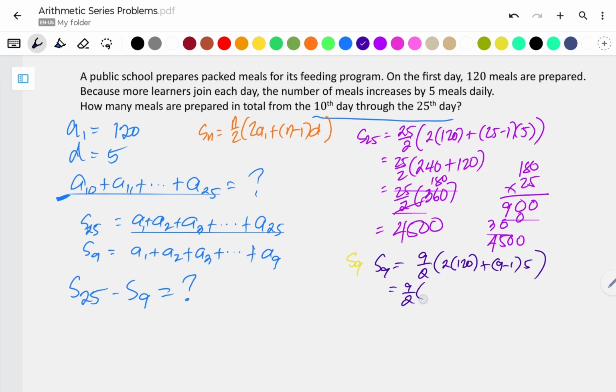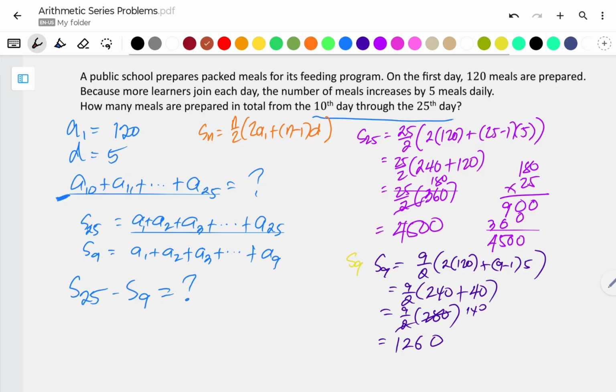So 9 over 2 times 240 plus 8 times 5 is 40. So 9 over 2 times 280, we can cancel. That will give us 140 times 9, which is 1,260.